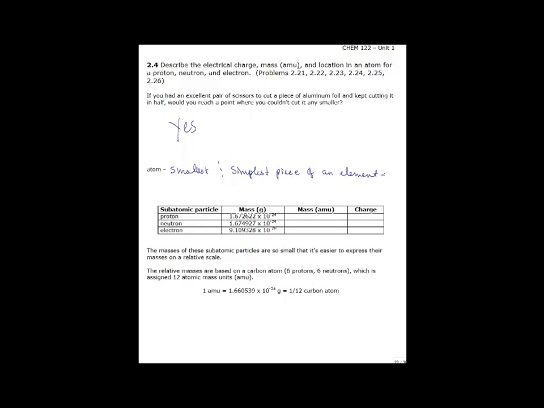And the important thing about an atom is that it can still be identified as that element. So we put in the parentheses, still can be identified as that element.